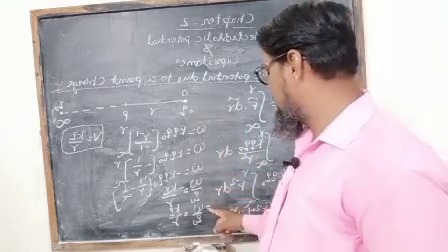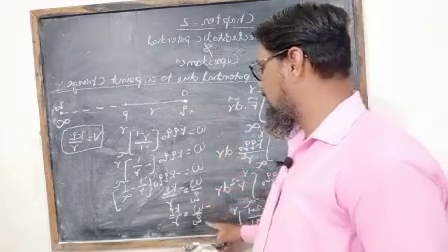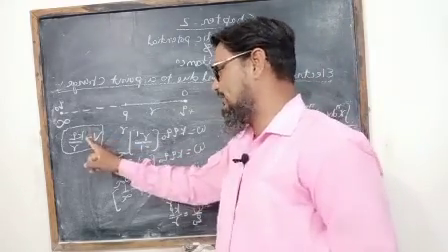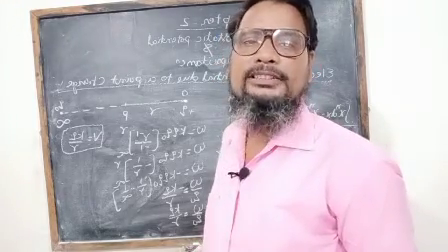So we consider the negative sign, and minus W upon Q0 is equal to the potential, and this is the potential due to a point charge.